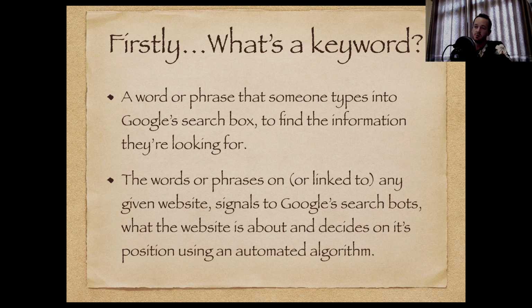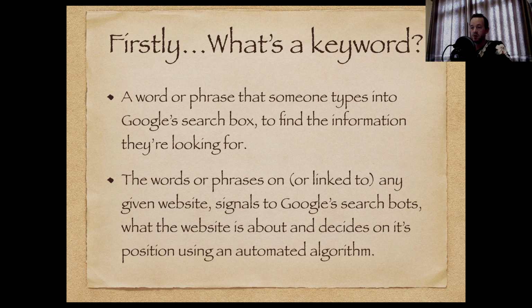A keyword is a word or phrase that someone types into Google's search box to find the information they're looking for, or the words or phrases on or linked to any given website. This signals to Google's search bots what the website is about and then decides on its position using an automated algorithm.